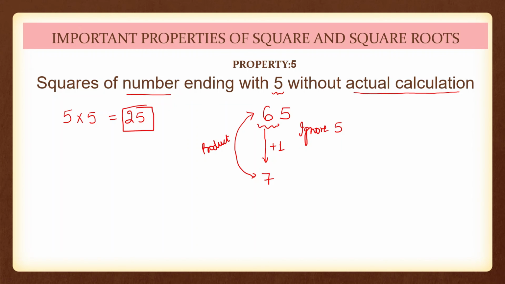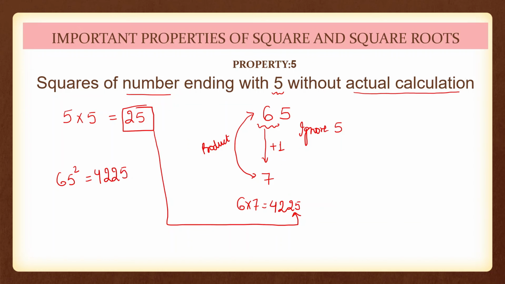What is 6 into 7? 6 into 7 is 42, and add this 25 at the end. Hence your result of 65 square is 4225.